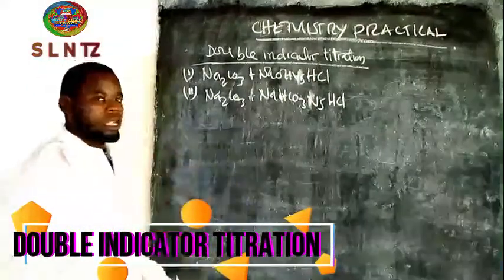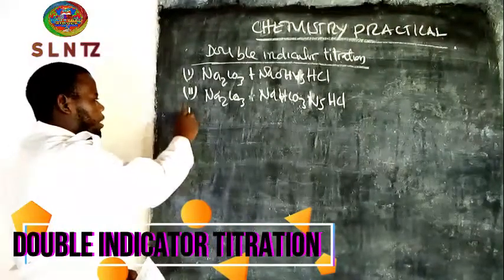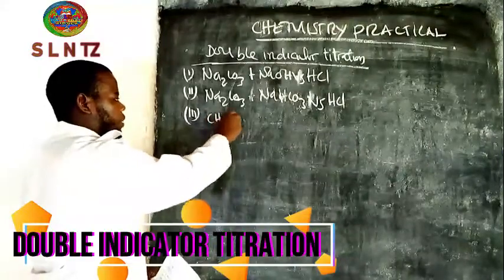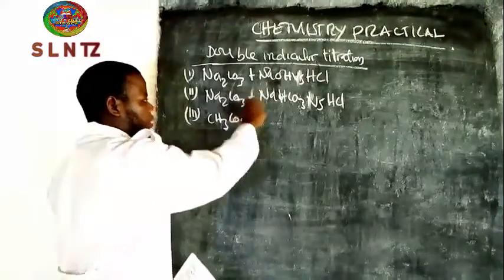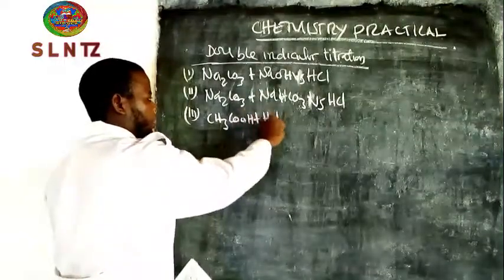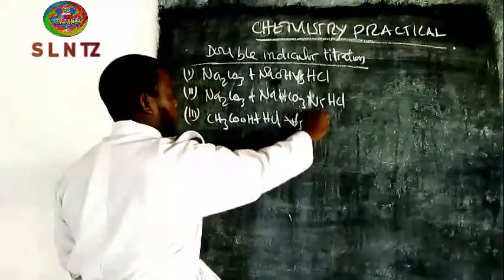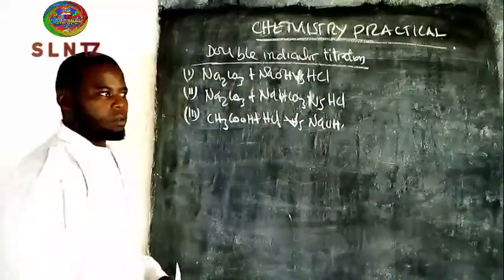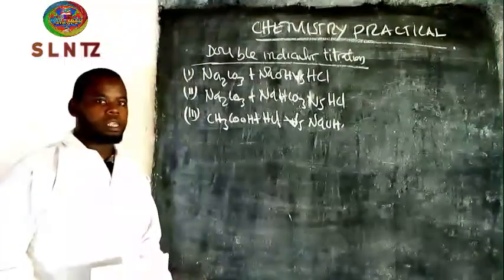Make sure you also understand these practicals. Number three, you have to concentrate on the mixture of acetic acid mixed with hydrochloric acid versus sodium hydroxide. This practical is also very important for you to revise.